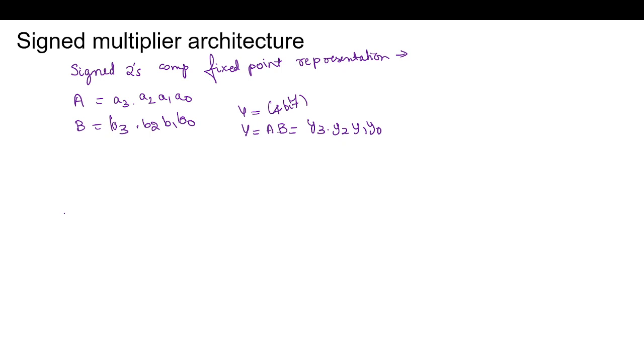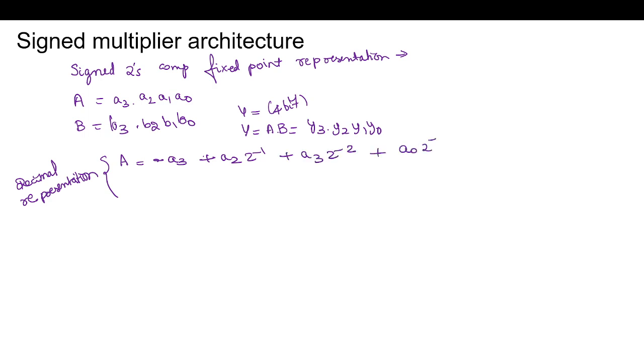For the decimal representation, now A will be minus A3 plus A2 2 to the power minus 1 plus A1 2 to the power minus 2 plus A0 2 to the power minus 3. B is equal to minus B3 plus B2 2 to the power minus 1 plus B1 2 to the power minus 2 plus B0 2 to the power minus 3.